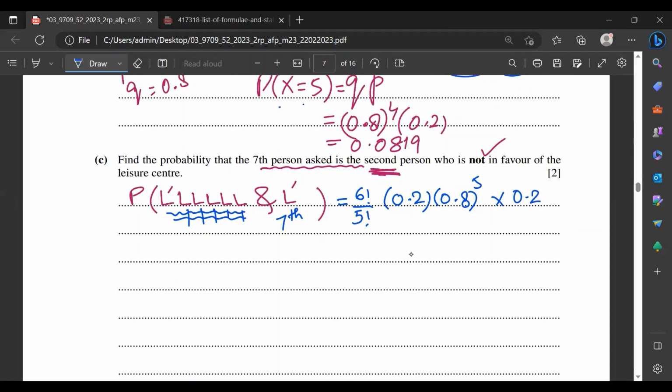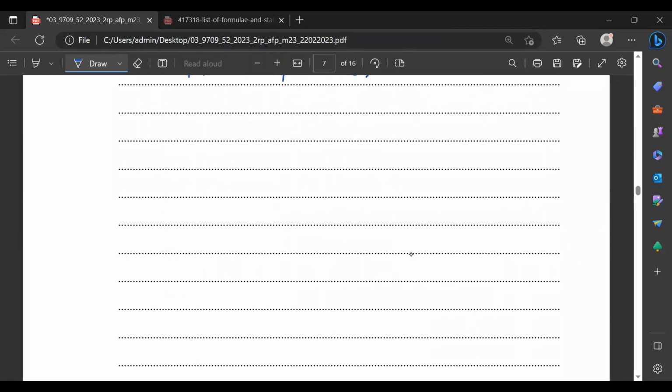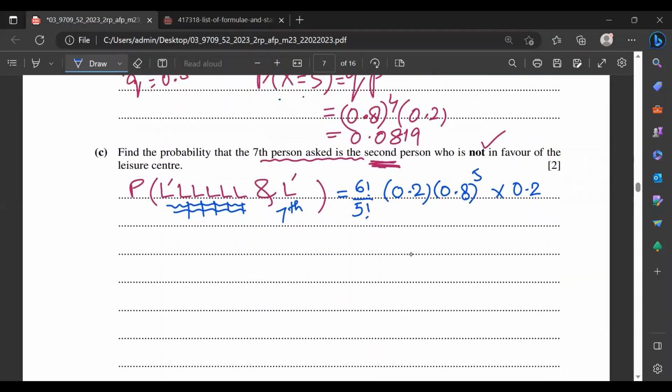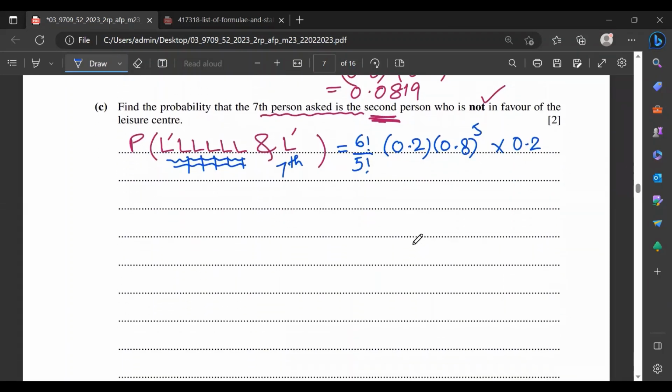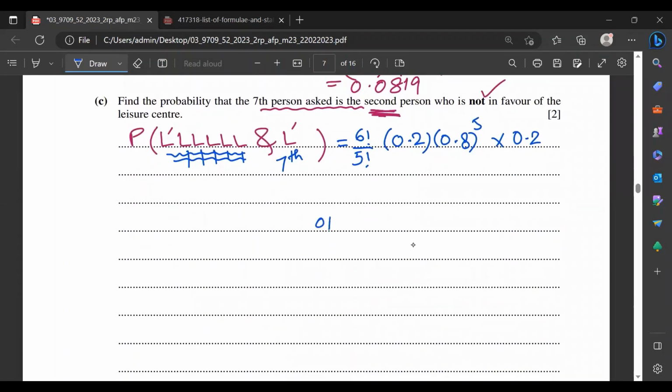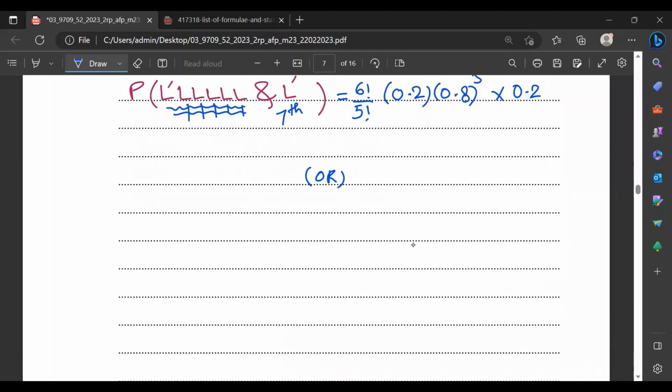The other way: the probability that the seventh person asked is the second person who is not in the favor. The first 6 can be managed by using the binomial. There are 6 trials and the probability of not in the favor is 0.2, so n is equal to 6, p is equal to 0.2 and q is equal to 0.8.